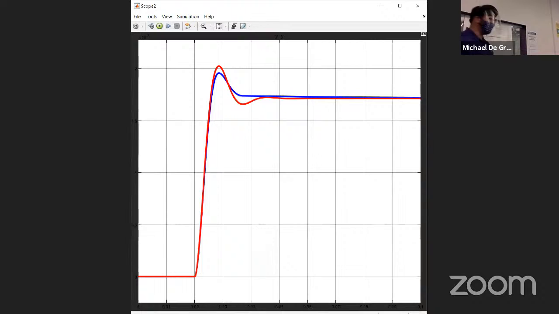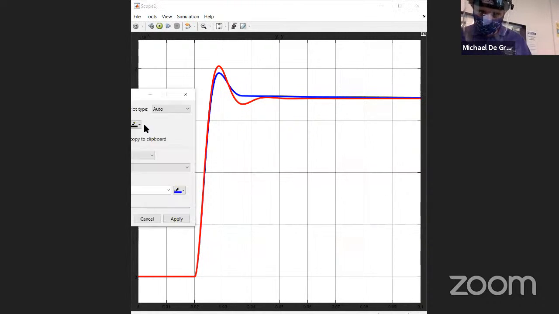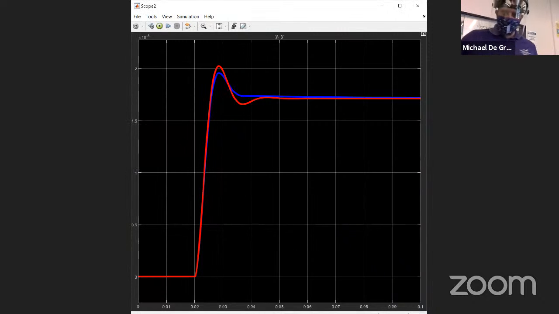But steady state is basically the same for both, right? Instead of being at 2 millimeters, our nonlinear is at about 1.98 or so.